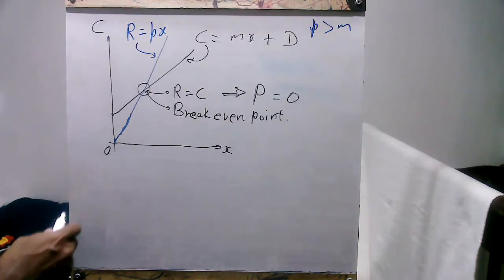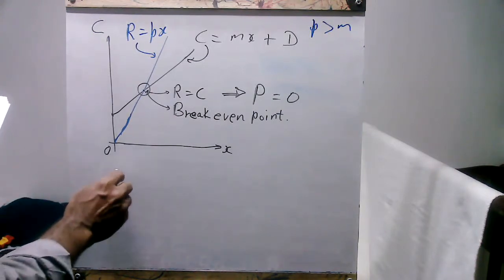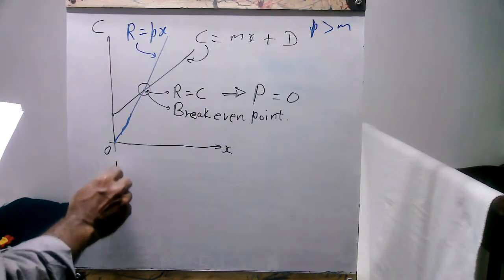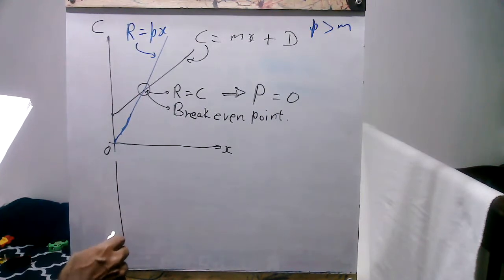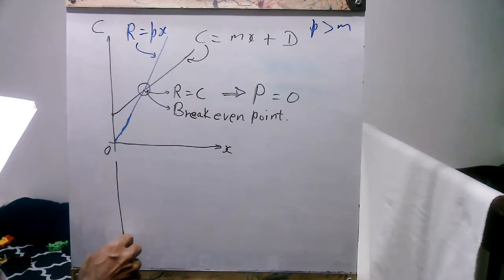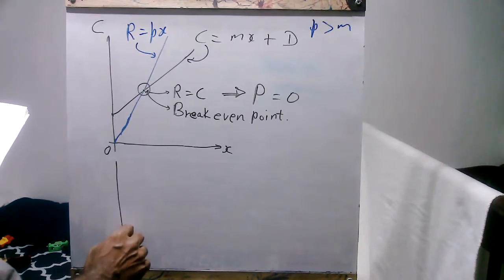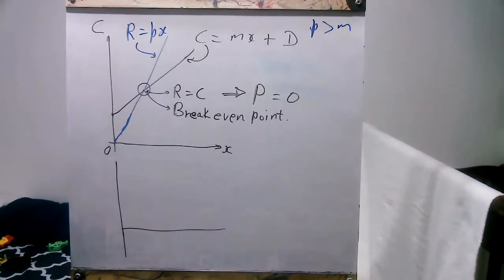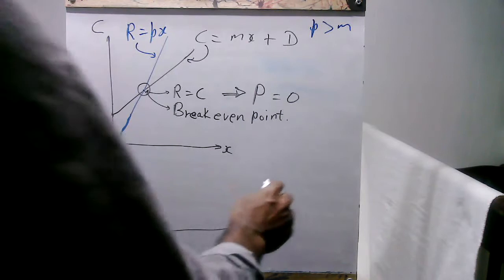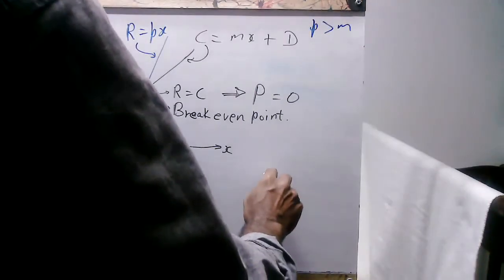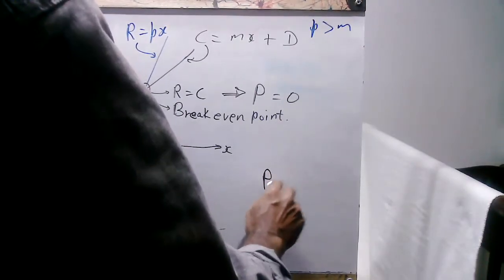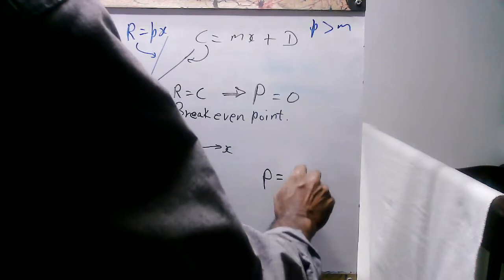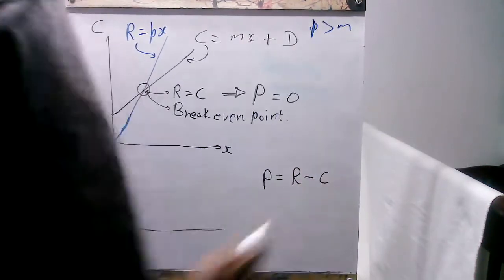let's see what profit function looks like. Now what's profit? Profit equal to revenue minus cost.